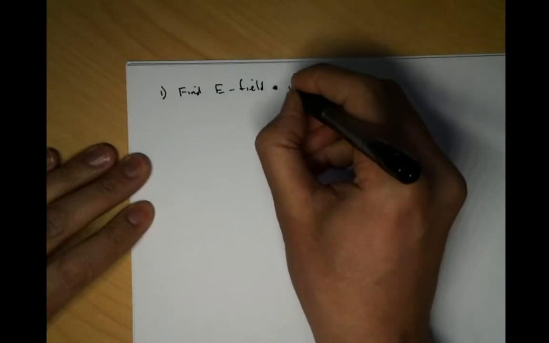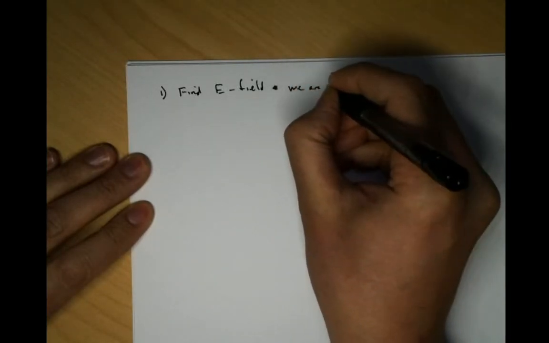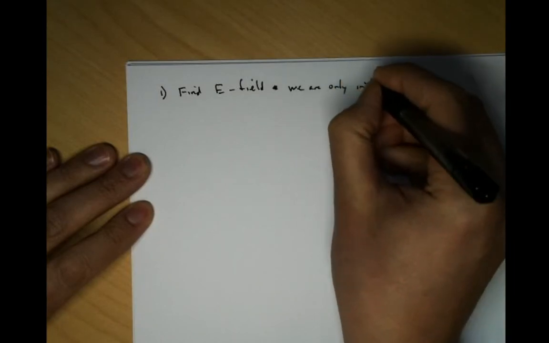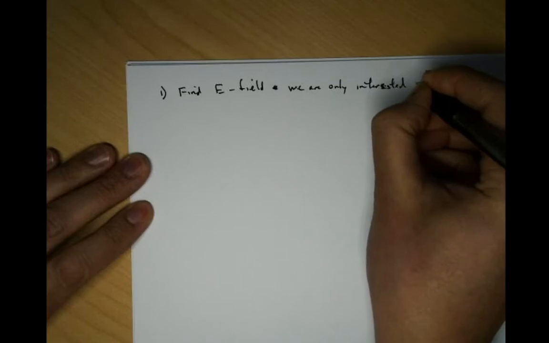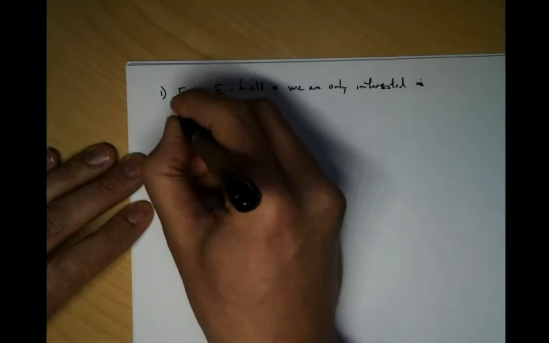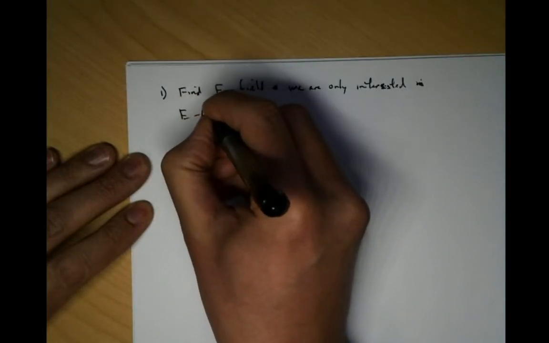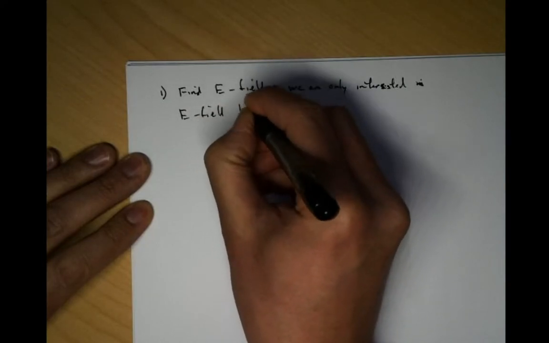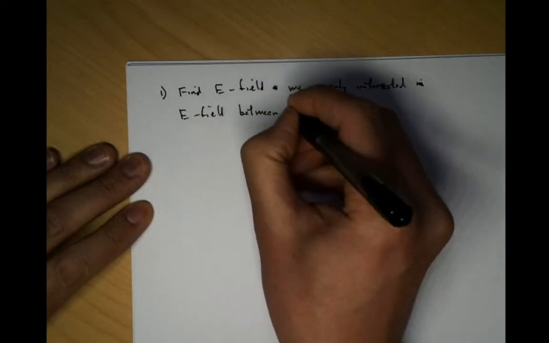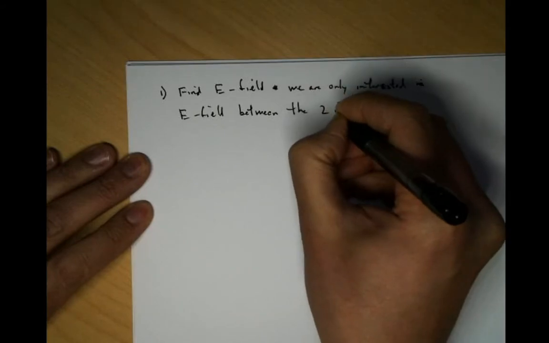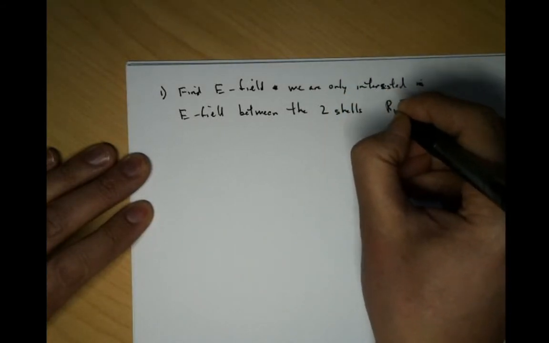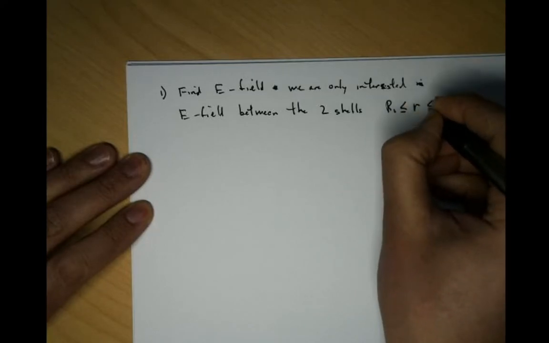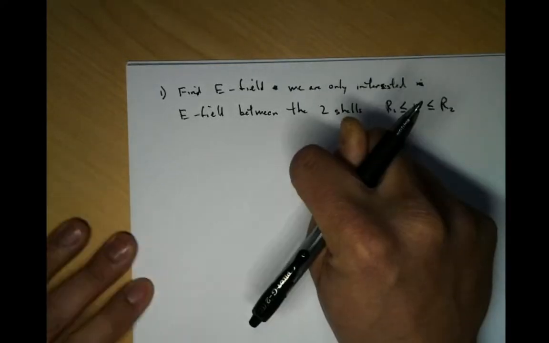We are only interested in the E field between the two shells. That means I care about basically R1 less than R less than R2. That's what I care about.